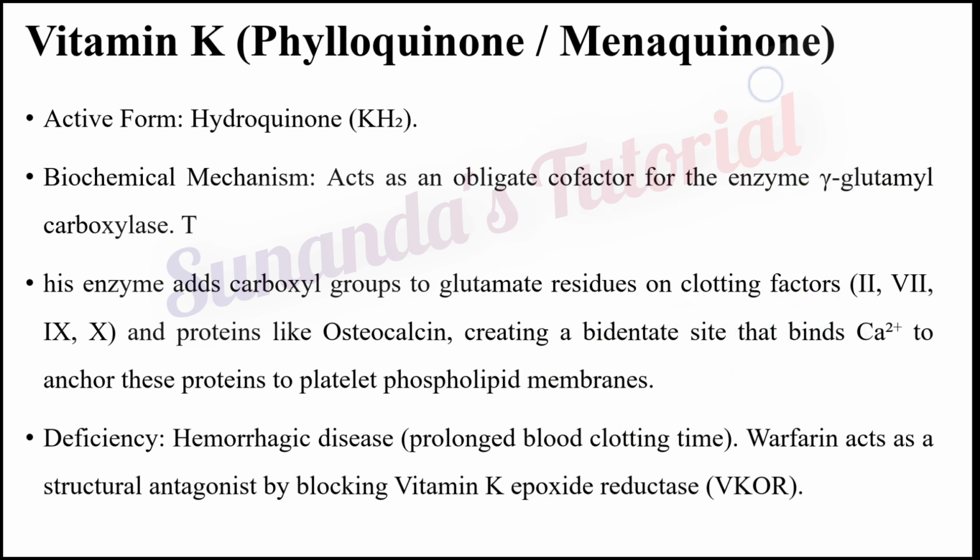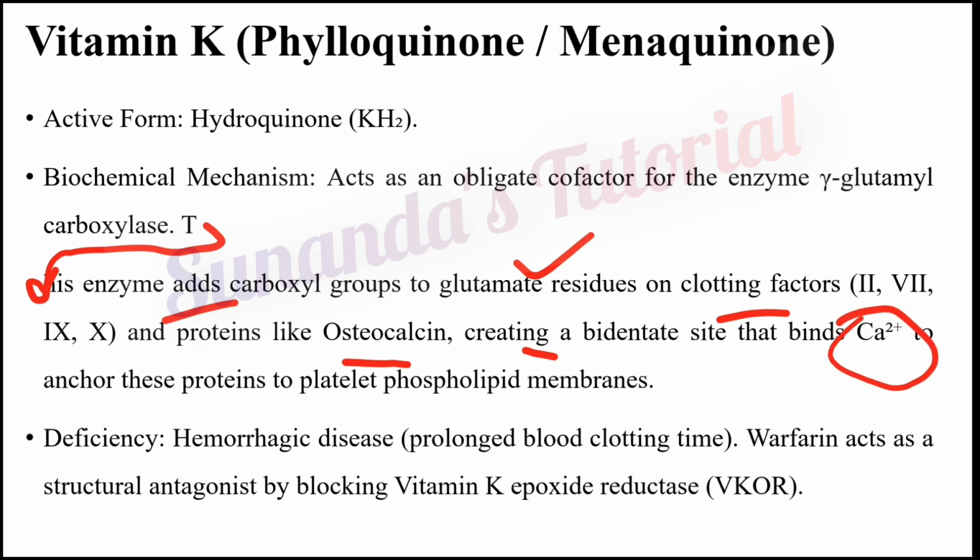This enzyme adds a carboxyl group to glutamate residues on clotting factors and proteins like osteocalcin, creating a bidentate site that binds calcium ions to anchor these proteins to platelet phospholipid membranes. The deficiency of vitamin K can cause hemorrhagic disease, that means prolonged blood clotting time.